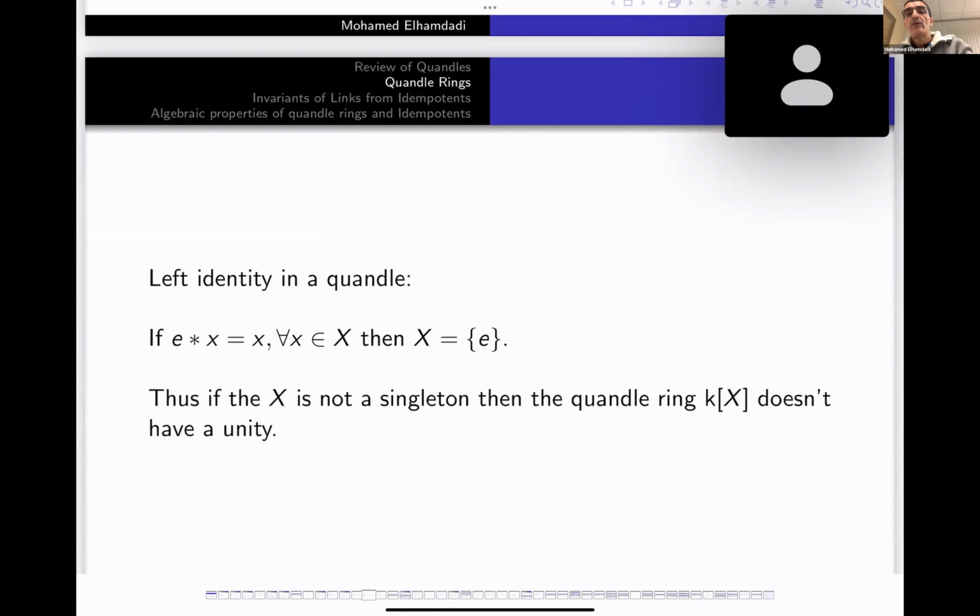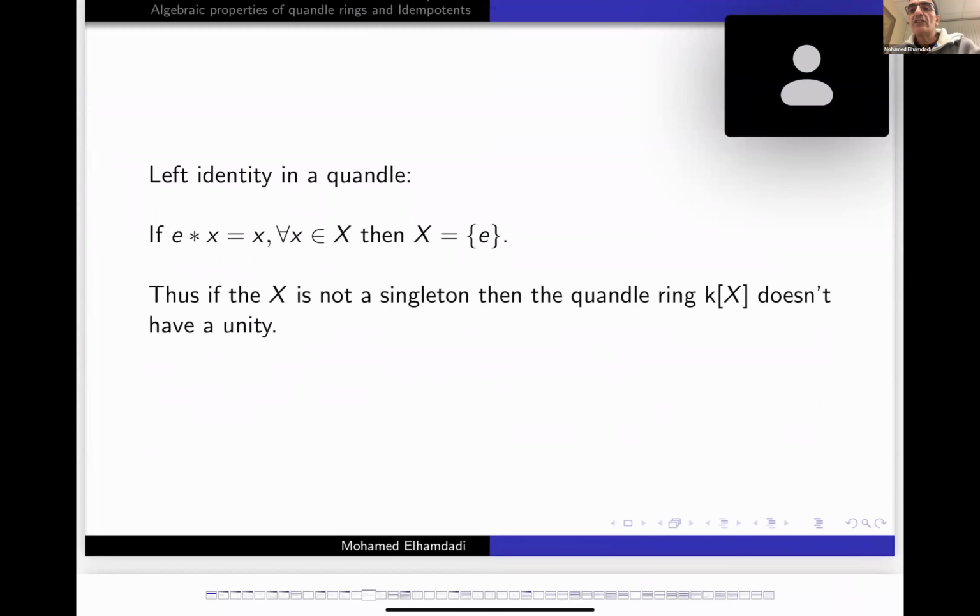First of all, you can see that you cannot have a left identity in a quandle. If you write e star x equals x, obviously x you can replace by x star x because of idempotency, and you can simplify x from the right. Thus you get x equals e. Then if there is a left identity, the quandle is reduced to just that singleton.